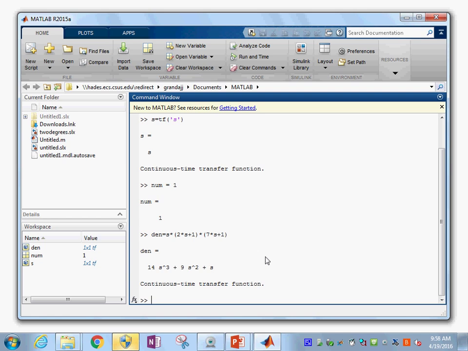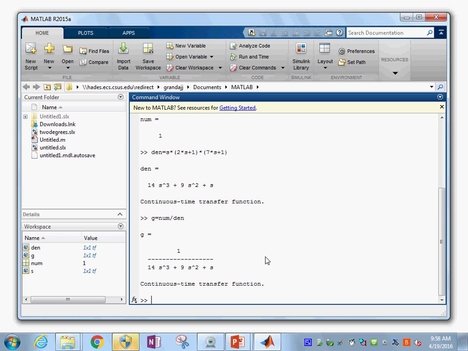When we do that, the computer already has done the multiplications, and we have the denominator. So if we go to g and say g is equal to the numerator divided by the denominator, then we have a transfer function, you see. That is our transfer function here.